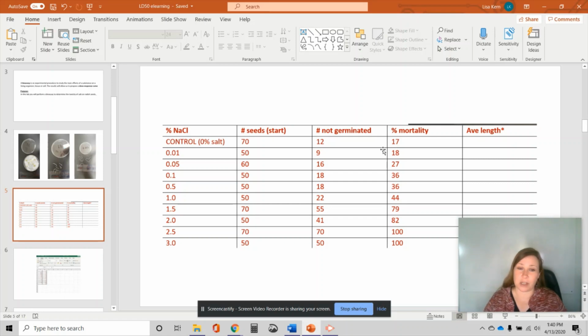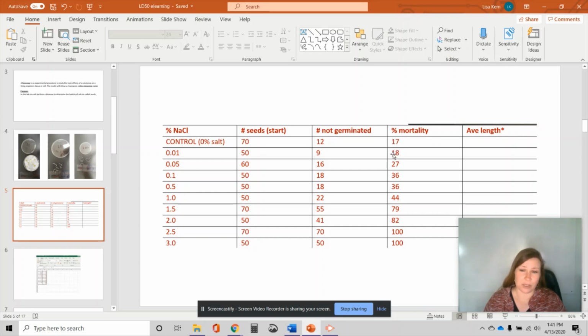So that's why you need a control, because if you looked at 0.01% concentration here, and over here we've got that 18% mortality, it almost looks like this salt killed off 18% of the seeds. But actually, when you look at the control, 17% is pretty normal.